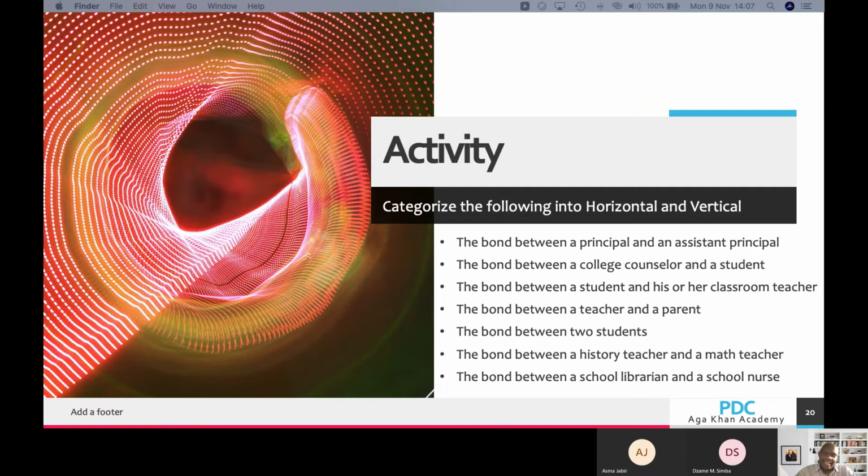If there is a distance, as Madam Simba had said, then it will be vertical. But if there is a close bond between you and the teacher, then that will be horizontal. So both of them are correct because trust is built by how we are working together, how we are relating to each other. So there are so many factors which come into play.